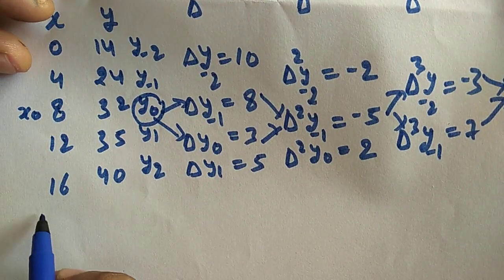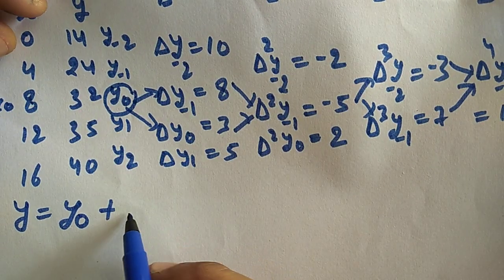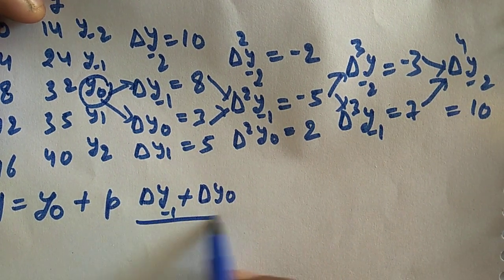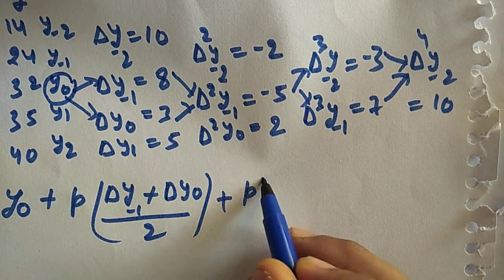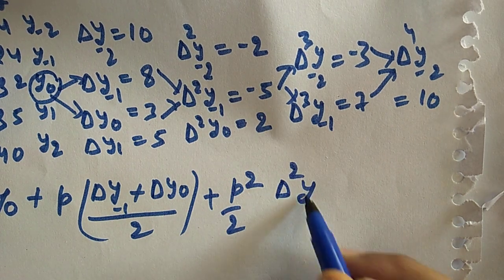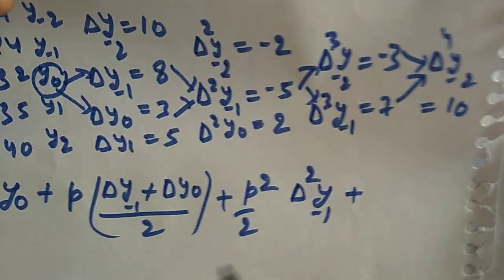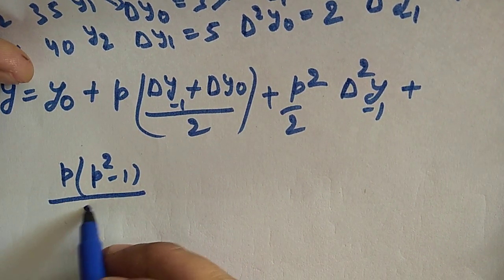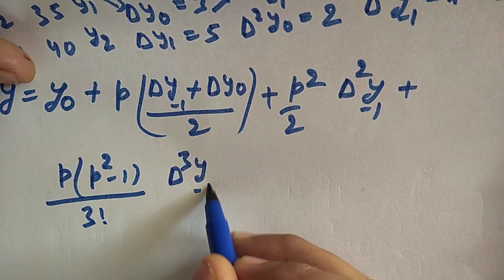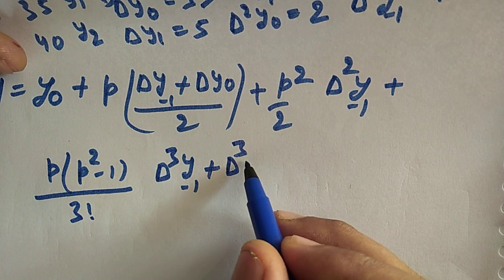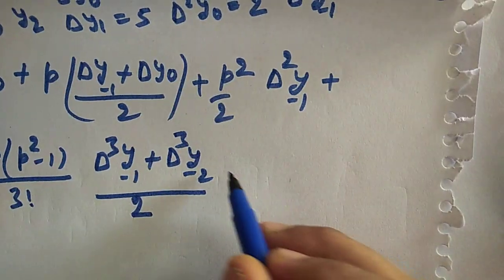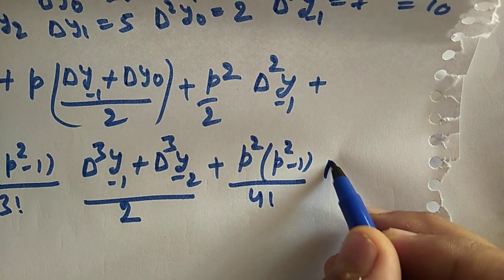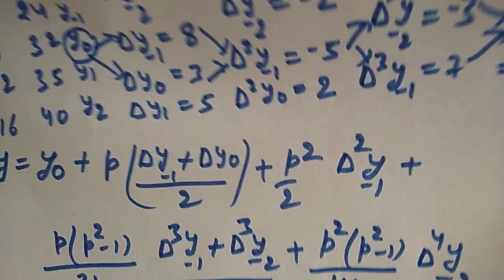So Stirling formula: y equal to y0 plus p times the average of delta y minus 1 and delta y0 divided by 2, plus p square by 2 delta square y minus 1, plus p into (p square minus 1) by factorial 3 times the average of delta cube y minus 1 and delta cube y minus 2, divided by 2, plus p square into (p square minus 1) by factorial 4 times delta power 4 y minus 2. So this is your Stirling formula.